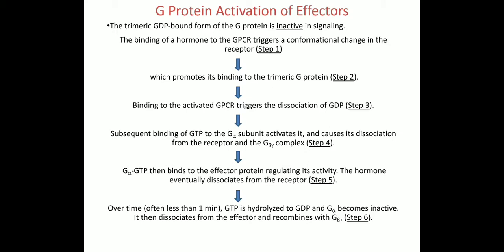Binding of a signaling molecule or hormone like epinephrine to the receptor causes a conformational change in the receptor, which causes GDP to be displaced from the G alpha subunit, and GTP becomes bound to G alpha. Thus, the activated ligand bound receptor's function is carried out by the G alpha subunit.